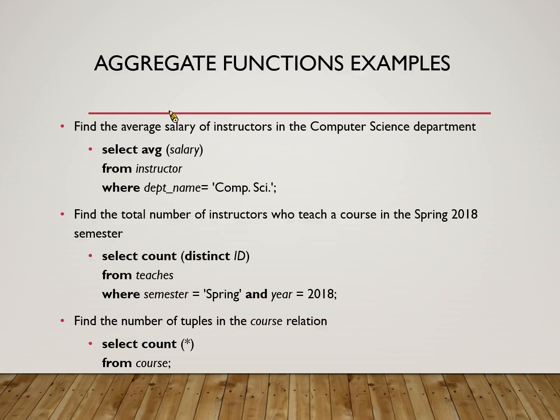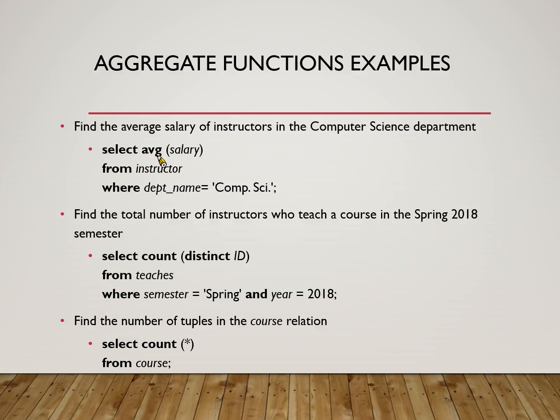Here, it provides some aggregate function examples. First, it finds the average salary of instructors in the computer science department. In the previous slides, we have introduced how to find the instructors of computer science. We can specify department name equal to computer science in the where clause.